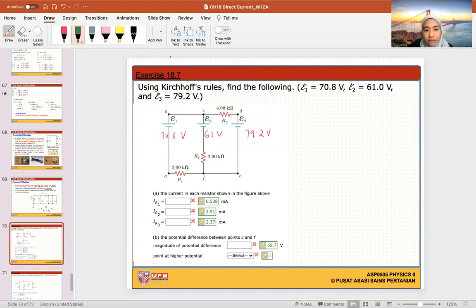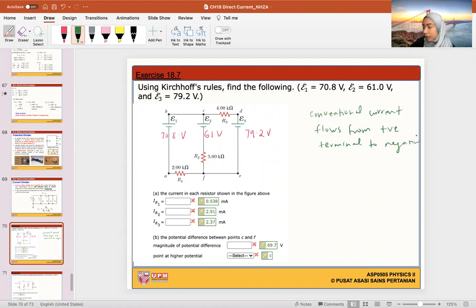What about the current? Okay, so in a conventional circuit, sorry, conventional current. Okay, I don't know if I mentioned this to you guys or not. Conventional current flows from positive terminal towards the negative.